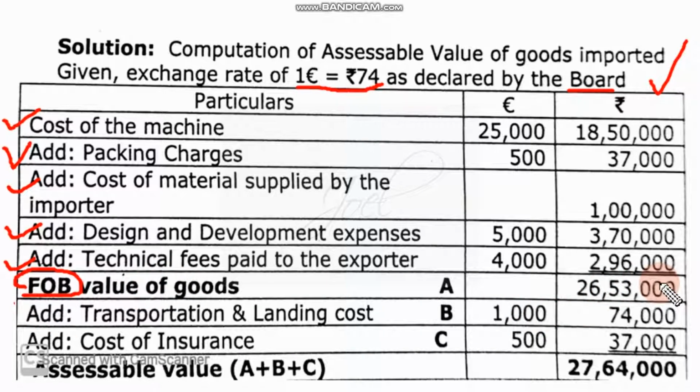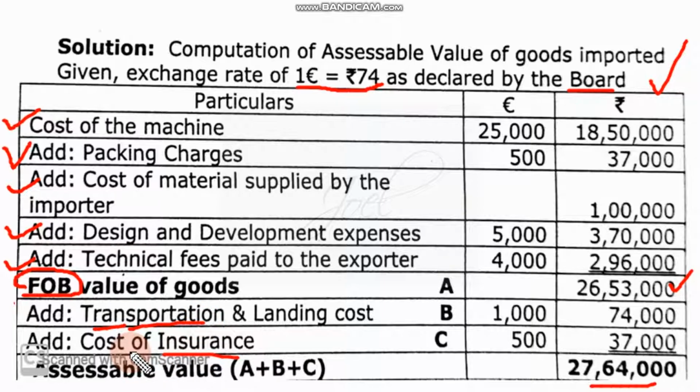So 26 lakh 53,000 will be our amount. To this amount, two items will be added. One is transportation, one more is insurance. When you add these two, you will get the assessable value. Here in this problem it is given, it is available for us. If it is not given, if the problem is silent, transportation charges will be levied at 20%.